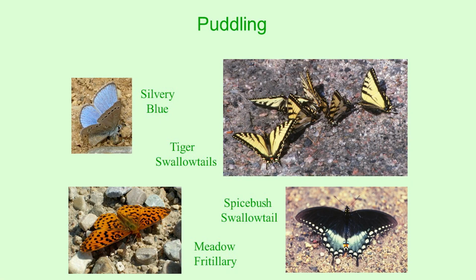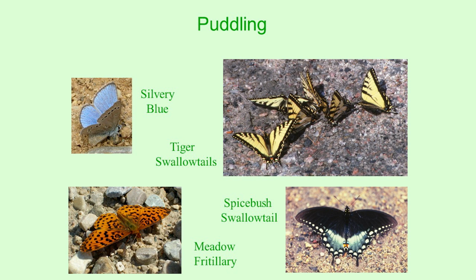The other thing that they need the proboscis for is a thing called puddling. So they do need water, but they also need minerals. So sometimes if you see a bunch of butterflies in a puddle by the roadside, the water that is puddled there will dissolve some of the minerals that are in the soil.